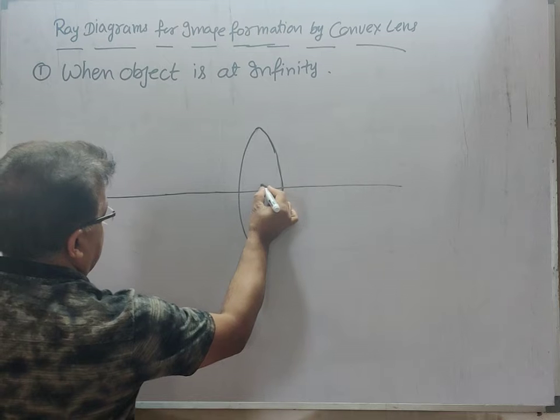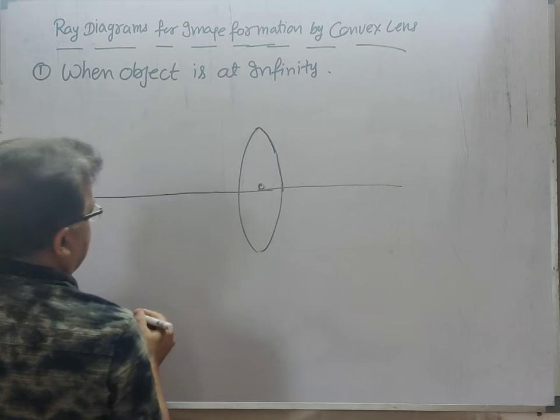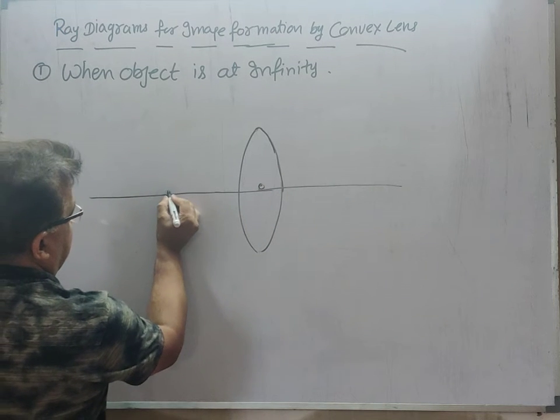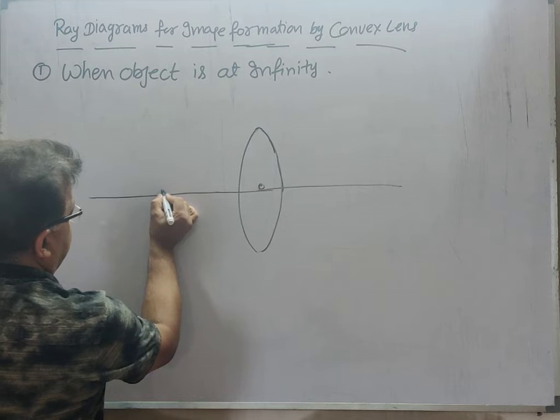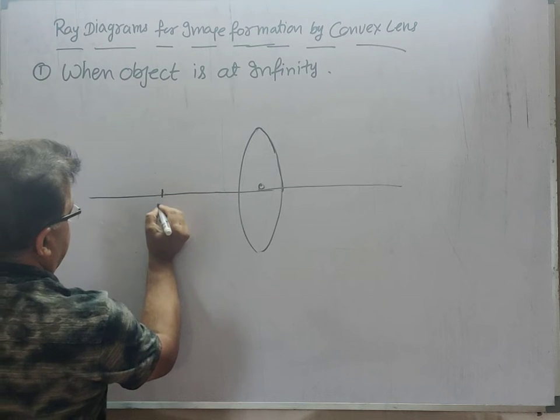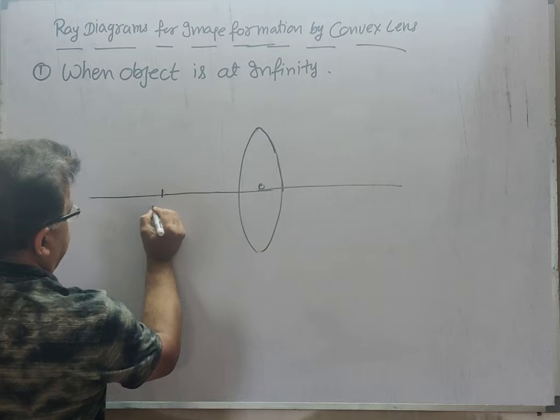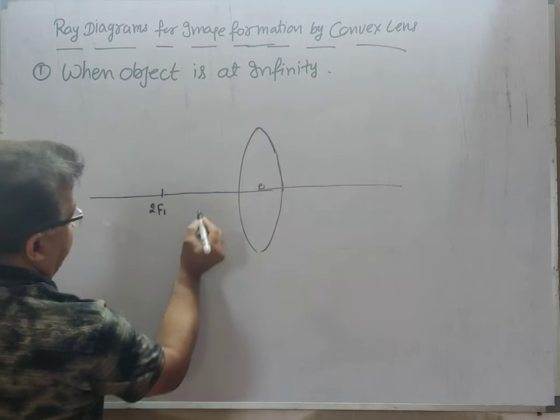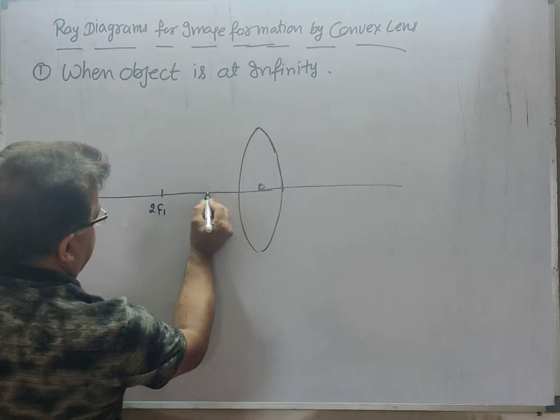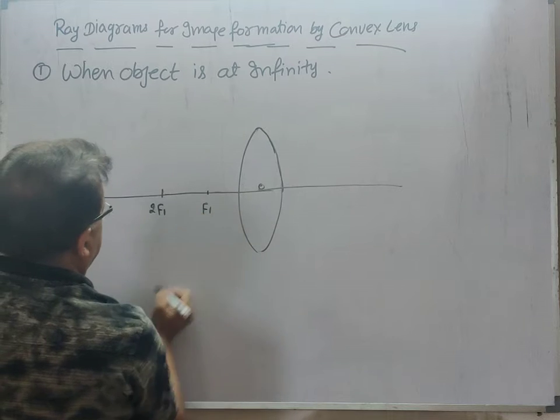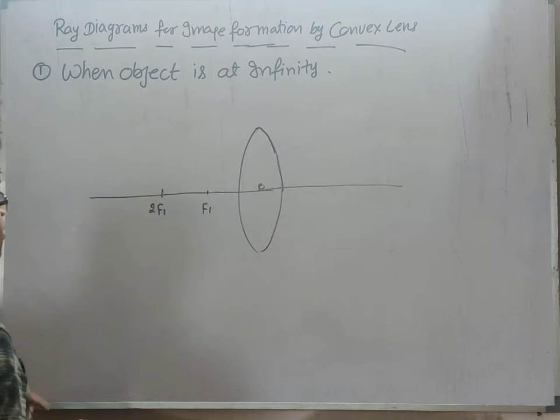Now this is the optical center, and this is C1 or twice of f1, and in the middle there is f1, and the object is placed at infinity.